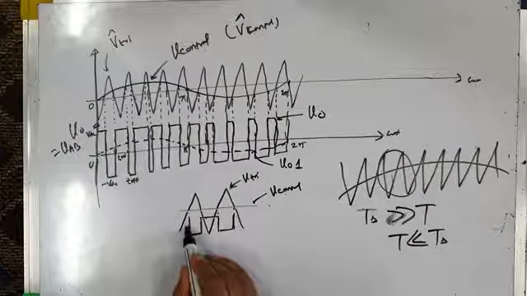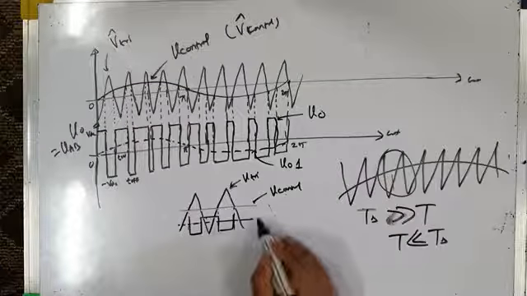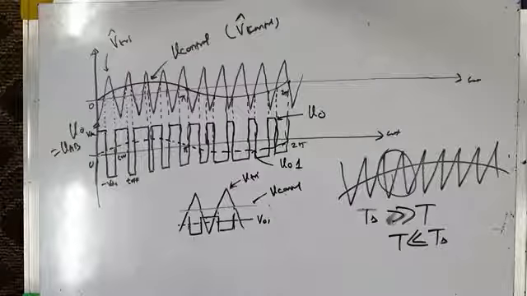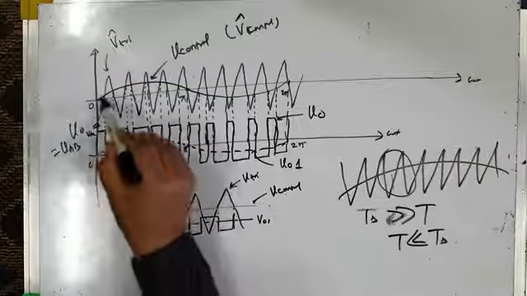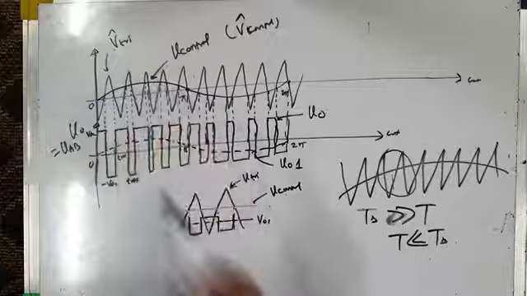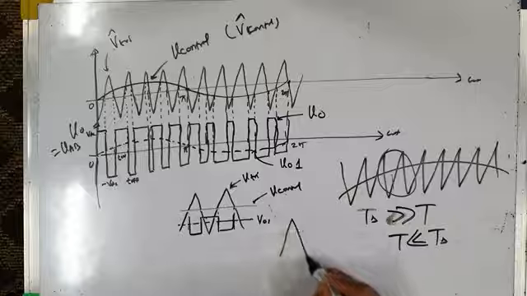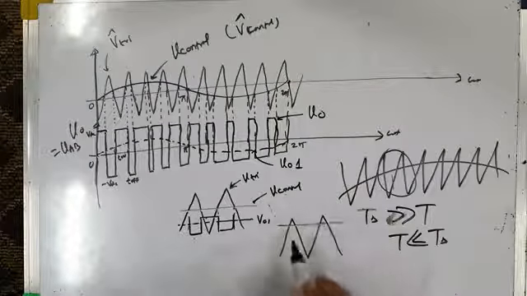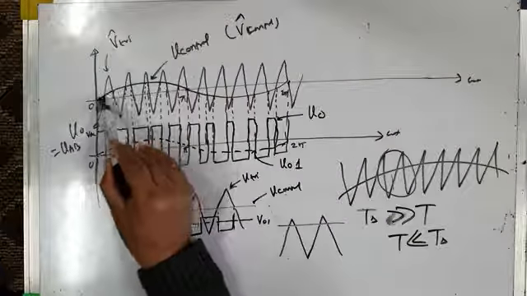So if you calculate the inverter's average voltage, this is the average voltage V01, its average value. Now this may be somewhere near here. If I go near the peak, what will happen? Near the peak the reference sine wave is high. You can see here the reference sine wave is much smaller.